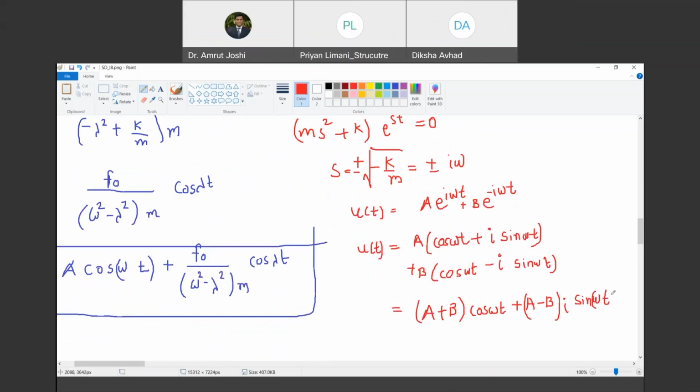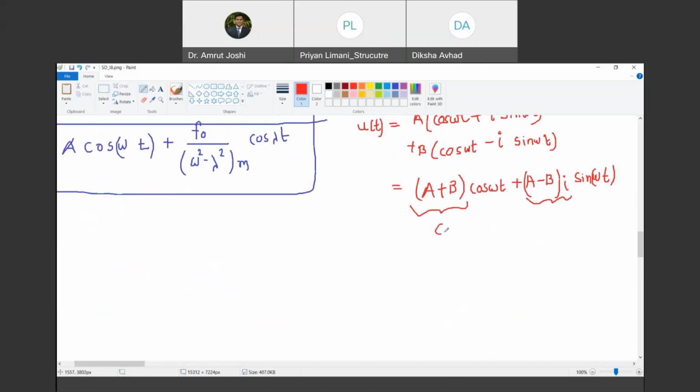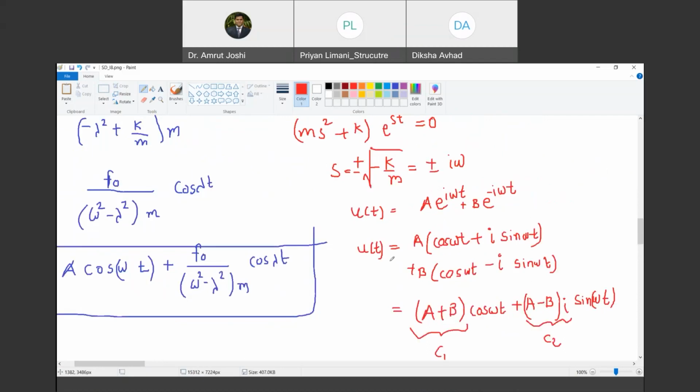So, therefore, a plus b and (a minus b) into i, these two need to be real. So for response to be real, this has to be real, and this also has to be real. So a and b must be complex conjugates. We have discussed this. And we call this C1. We call this C2. Happy? So what is the complementary function? C1 cos omega t plus C2 sin omega t.